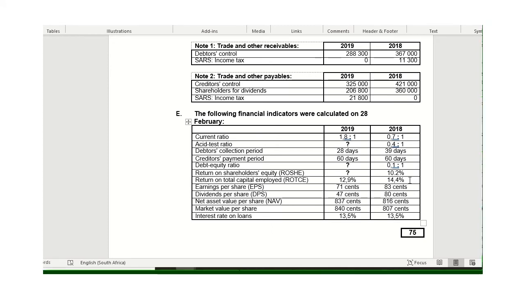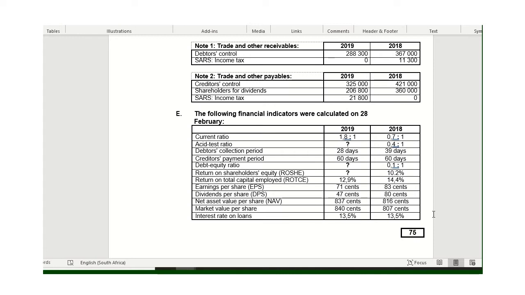So my ROTCE last year was 14.4%. This year it is 12.9%. So it decreased from 14.4 to 12.9. So I would say the ROTCE is my second one. Decreased from 14.4 to 12.9, which is not good. It is also a very low percentage.